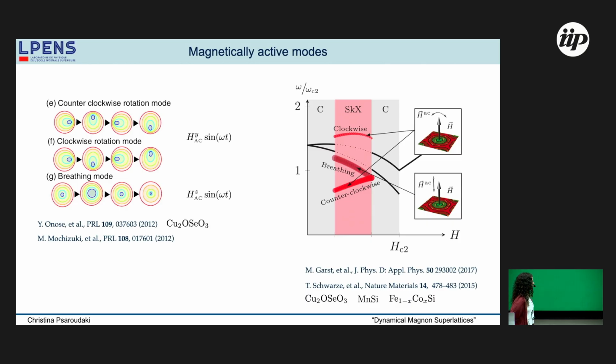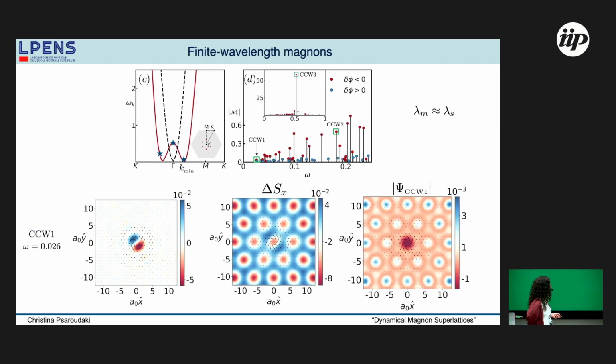If we want to activate the breathing mode, then we put an out-of-plane field, and then we activate the breathing of the skyrmion. This has been well established theoretically and experimentally, if you want to follow these few publications. So we are focusing on these modes because they are magnetically active. That means that we can excite them.